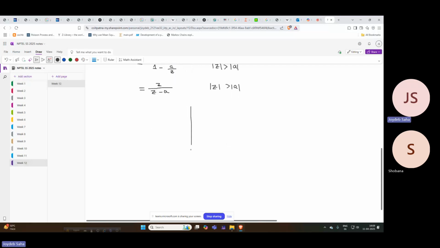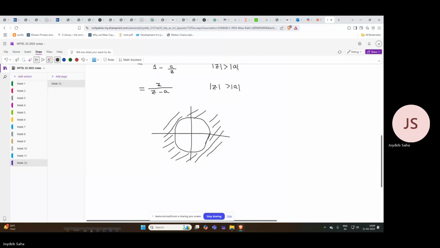If we plot it, we will get a circle, and outside this circle will be the ROC.